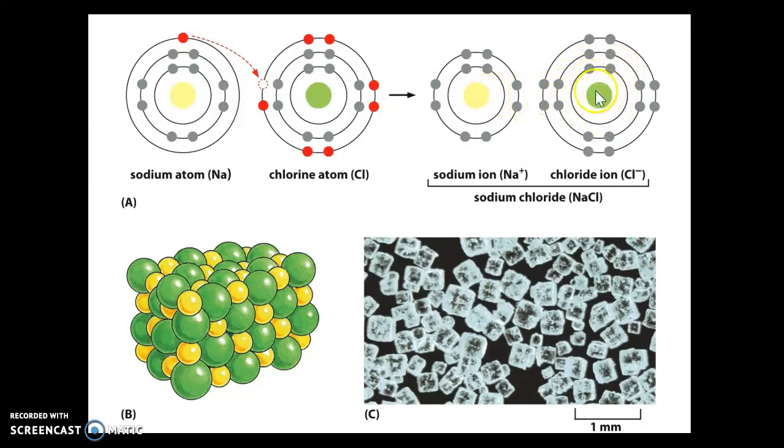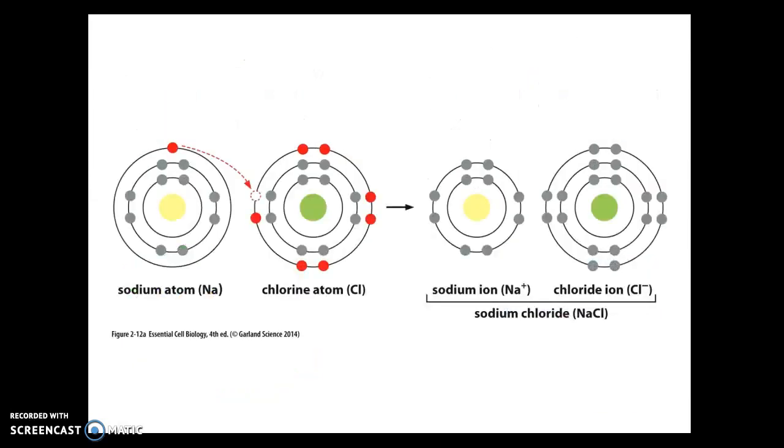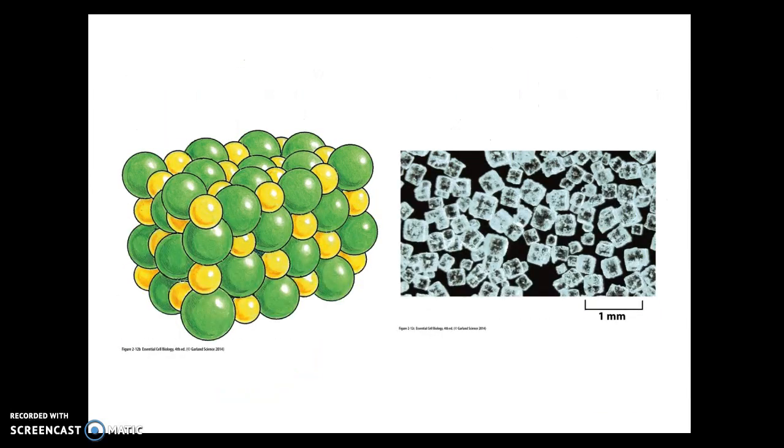And then this negative and positive, they'll be attracted to each other. They'll be attracted to each other actually in 3 dimensions. The positive sodium is going to attract chlorines in 3 dimensions.